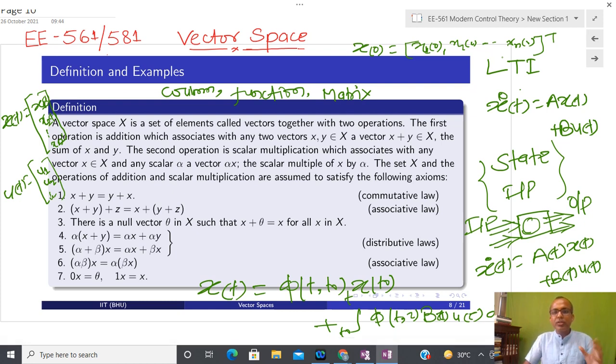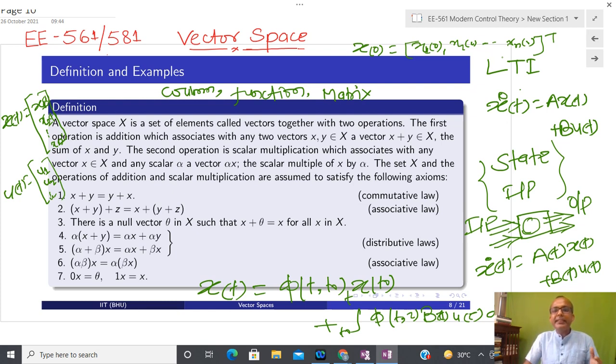Now the question is how to deal with all these different kinds of spaces using some common language. Vector space is going to give us the platform. Using the same platform, we can operate on column space, function space, and matrix space, and it also gives us more flexibility.